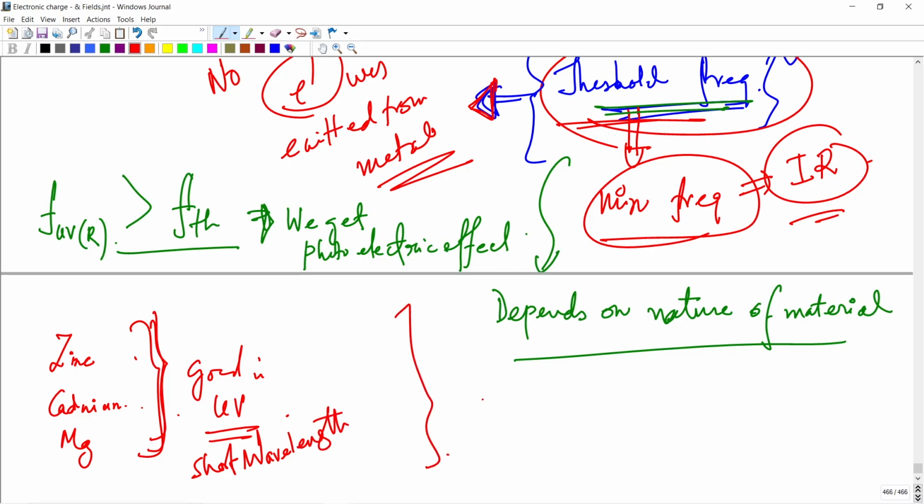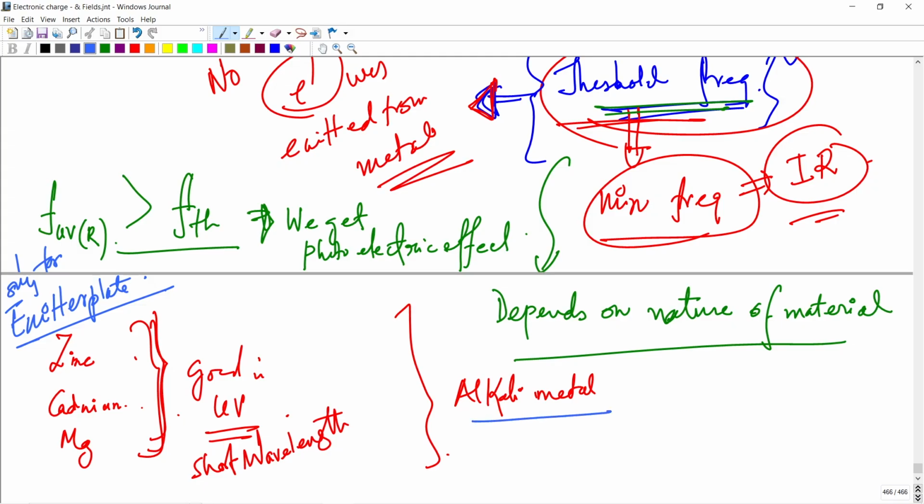And some alkali metals. Actually, I discuss these metals only for the emitter plate.